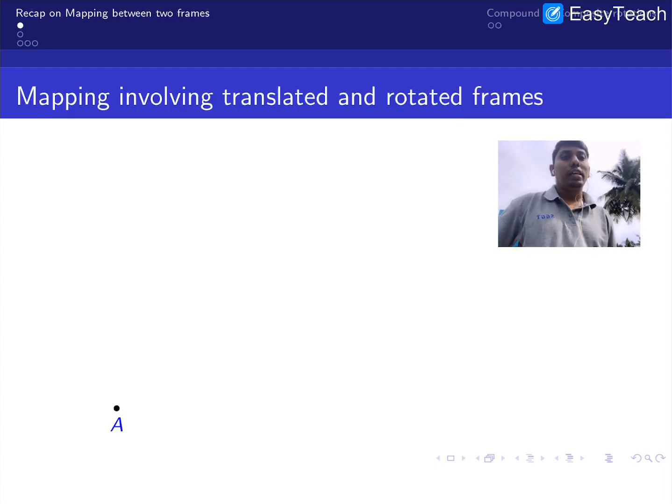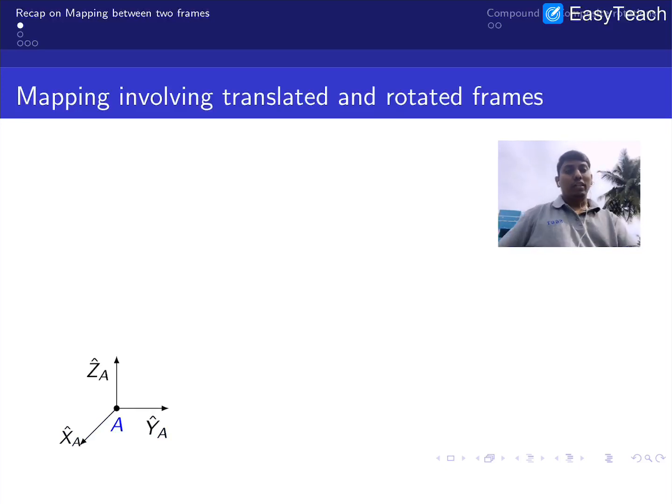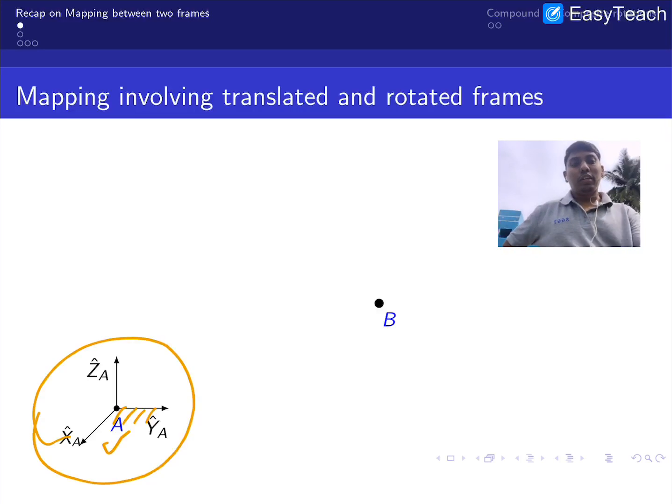We will recap the mapping involving translated and rotated frames. In fact we discussed this even in yesterday's discussion class, but I want to make it clearer. You can see the frame A, the fixed frame, which is located at A, where there are three unit vectors associated, which is what we call a coordinate frame.